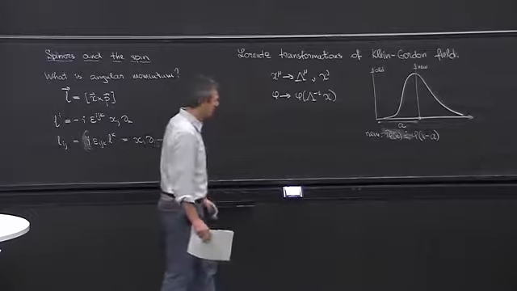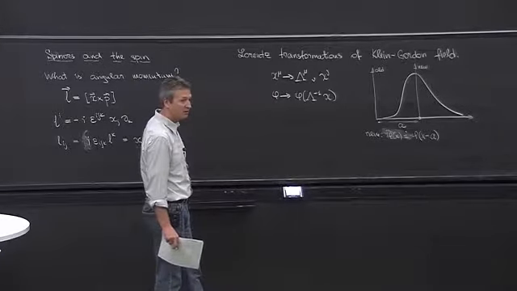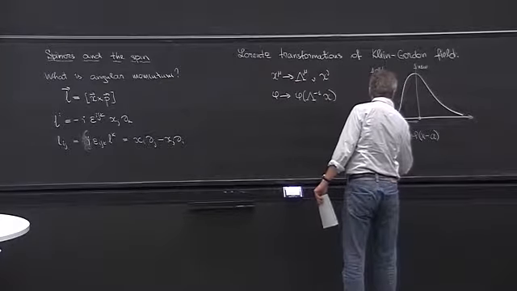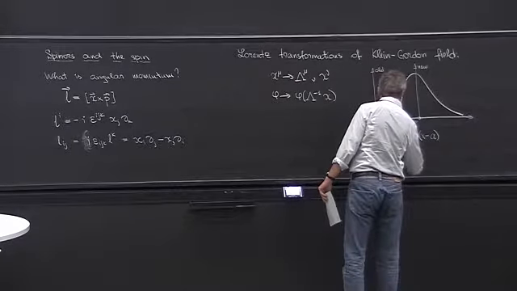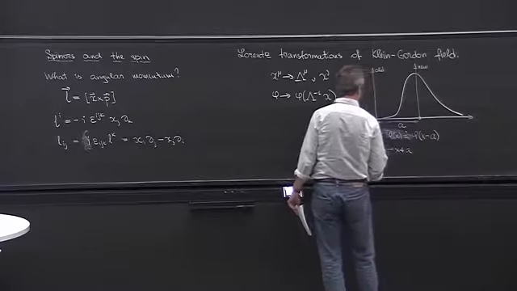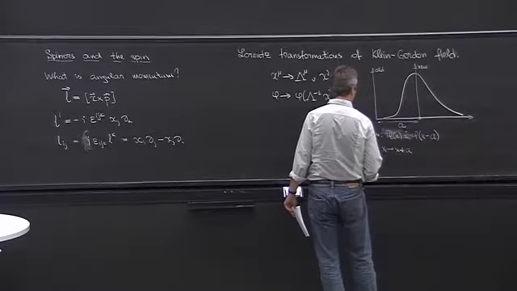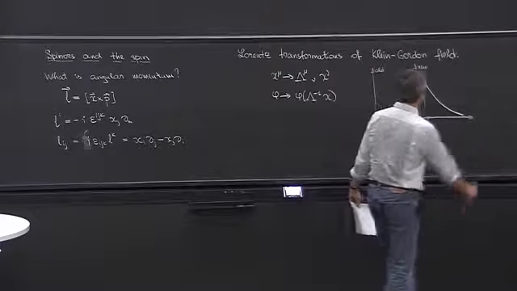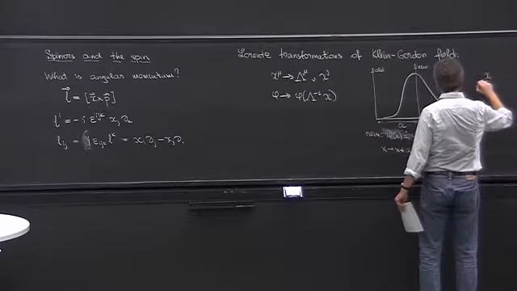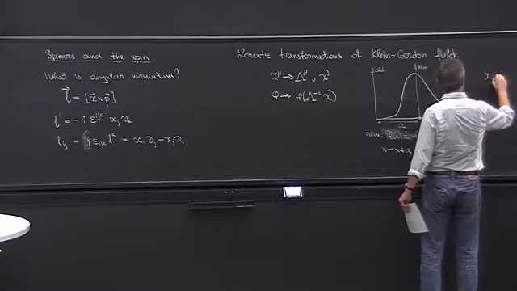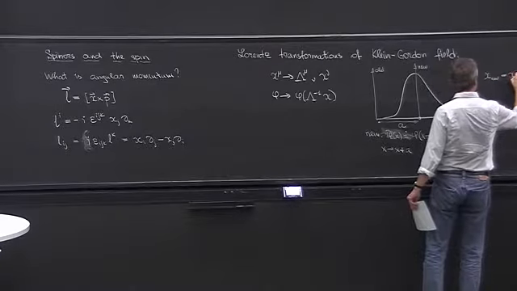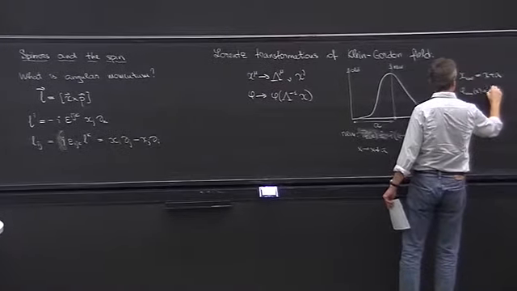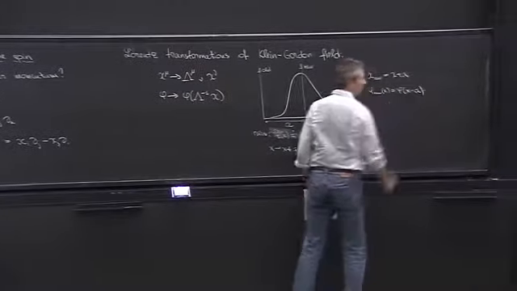Sorry? No, this. So if you transform x, phi prime at 0 should be phi at x going to x minus a. Shift it to the right. So the claim is that if x prime is x plus a, phi prime of x is phi of x minus a.